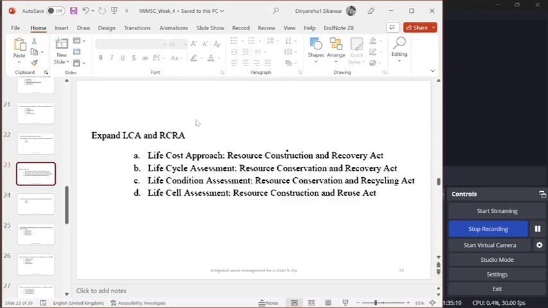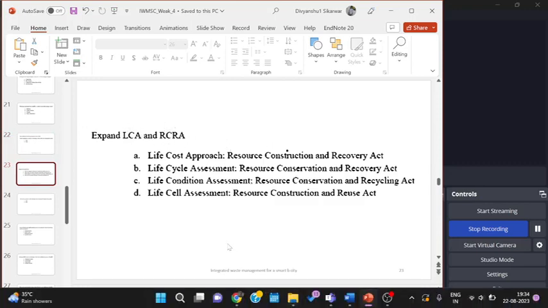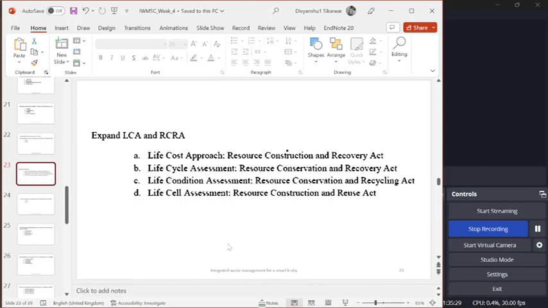Expand LCA and RCR. What is the full form of LCA and RCR? B is correct. LCA is basically life cycle assessment. In life cycle assessment, you assess a particular product based on different boundaries, as we discussed in the previous question, which was cradle to cradle or cradle to gate.